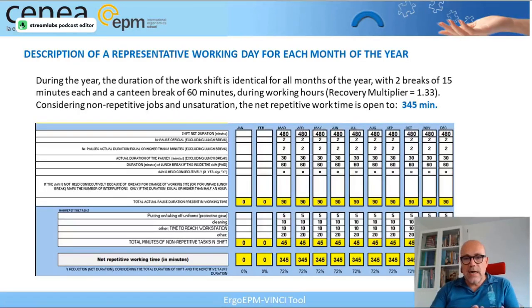What do we have to write now to assess this exposure group? The only thing we have to write in the Ergo Ipsum VINCI tool is what typical day each month of the year represents.